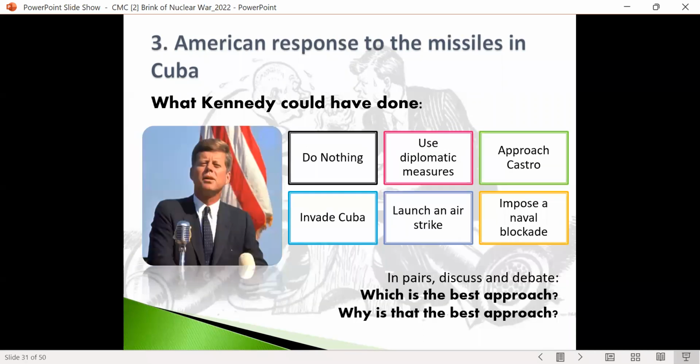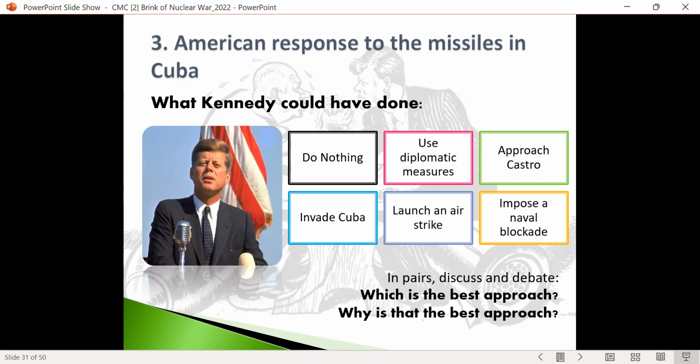Okay, so what I want you guys to do now is take 2 minutes, turn to your neighbor, and let me explain these measures. What could Kennedy have done? If you were Kennedy, what would you do? Would you do nothing? Would you try and be more diplomatic and approach Khrushchev again and see about his intentions? Will you approach Castro?